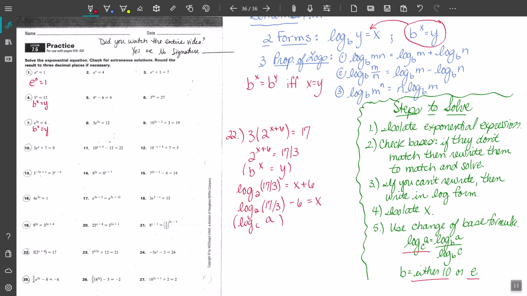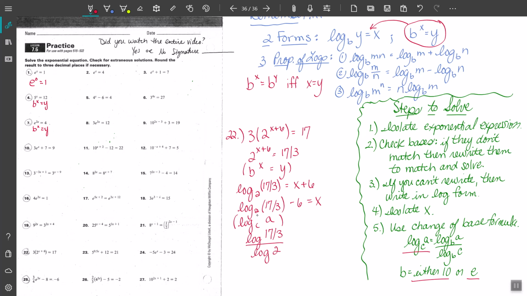We're going to make B 10, and so that's already taken care of. All right, so rewritten over here, this is going to look like log base of 10. I'm not going to write it because we assume it when it's not there, of A, which in this case is 17 thirds, and we're going to divide that by the log of 2.